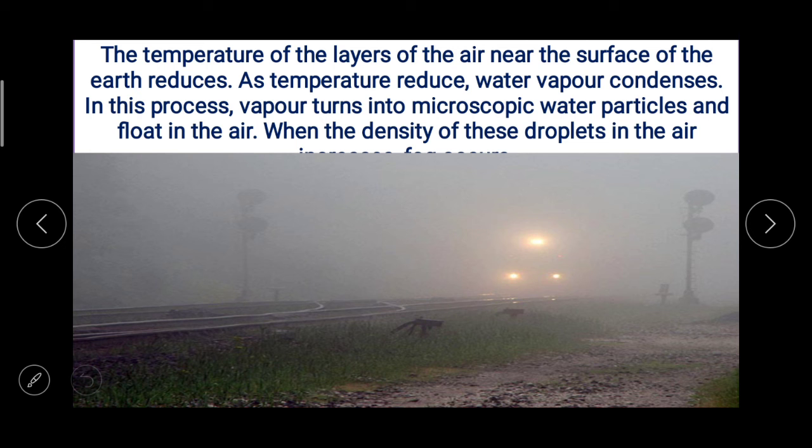As temperature reduces, water vapor condenses, and in this process vapor turns into microscopic water particles. In what it turns? It turns into microscopic water particles and float in the air. And when the density of these droplets in the air increases, fog occurs.